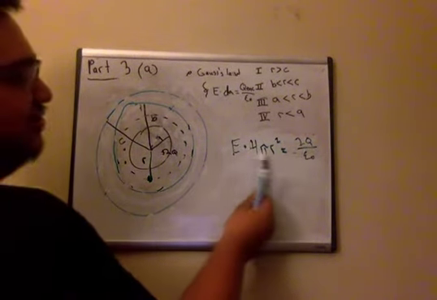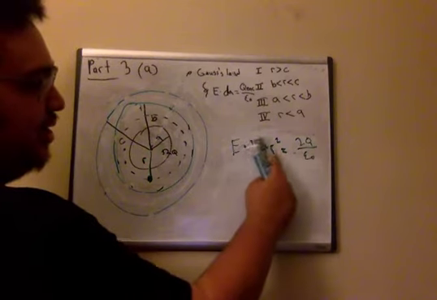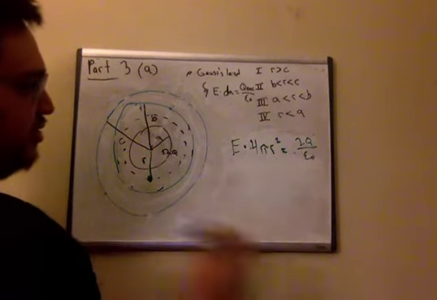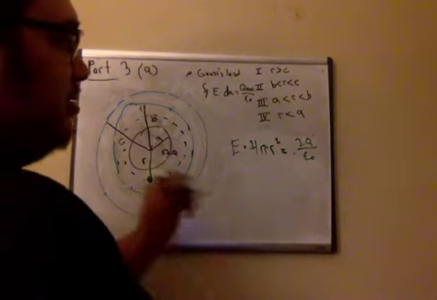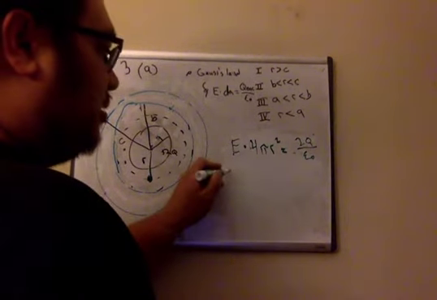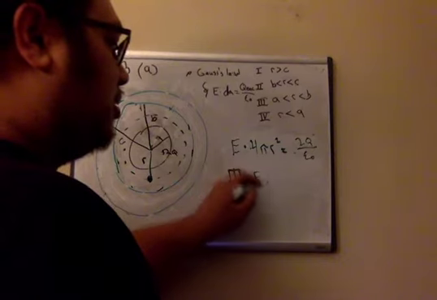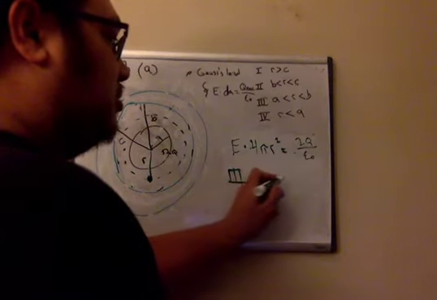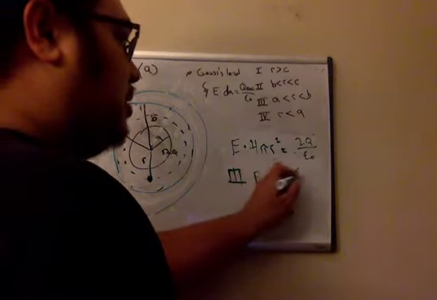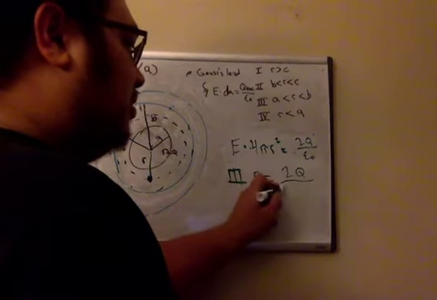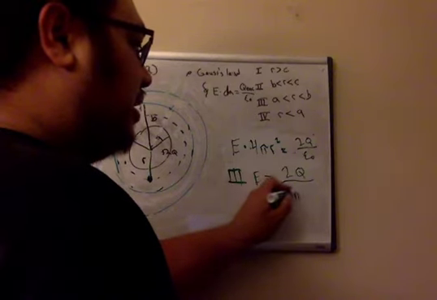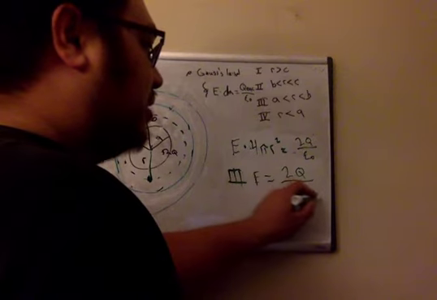Remember, our surface area is 4 pi times its radius squared, and the radius here is just r. So for number 3, E is equal to 2q over 4 pi r squared epsilon naught.